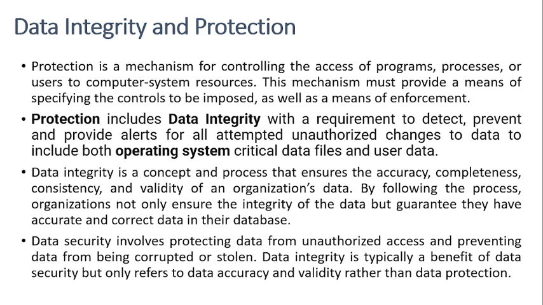This mechanism must provide a means of specifying the controls to be imposed as well as a means of enforcement. Protection includes data integrity, with a requirement to detect, prevent, and provide alerts for all attempts at unauthorized changes to the data, to include both operating system critical data files and user data.